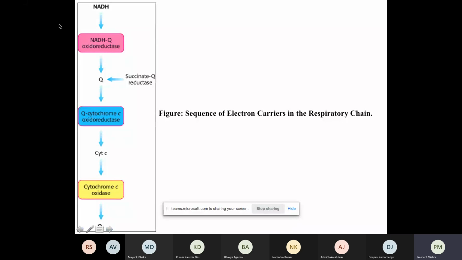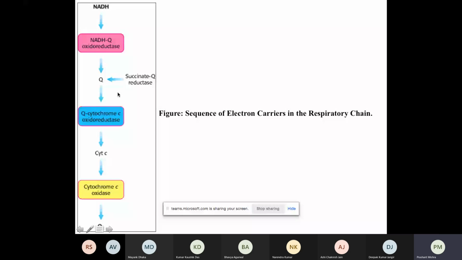Then the electron shuttles from NADH-Q oxidoreductase to Q cytochrome C reductase. So there is coenzyme Q, which can shuttle the electron between NADH-Q oxidoreductase and coenzyme Q cytochrome C oxidoreductase. So these are oxidoreductases.